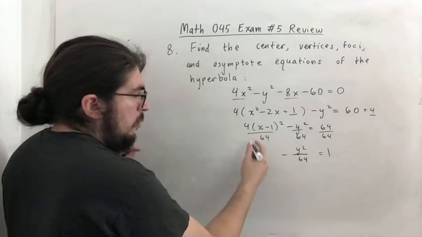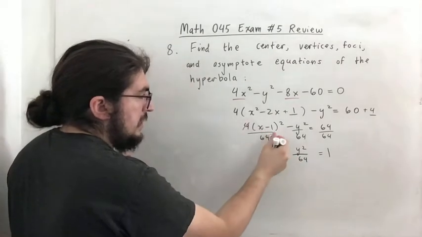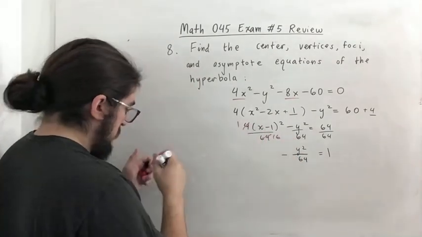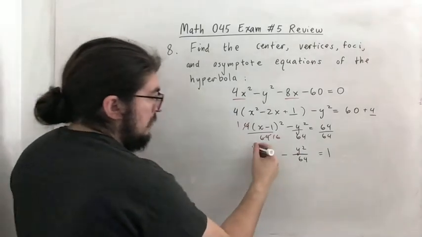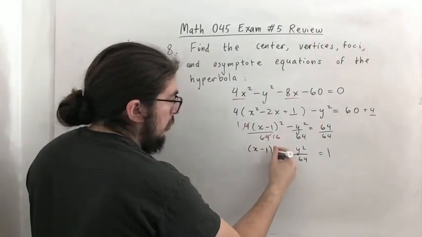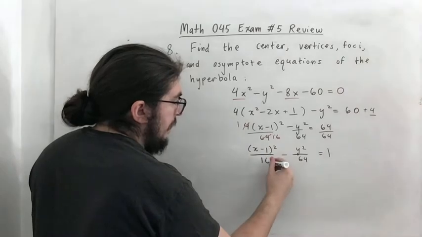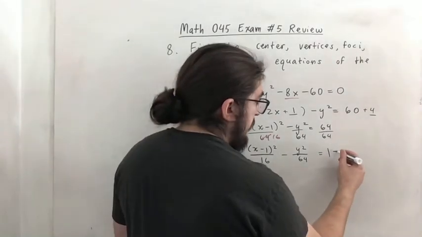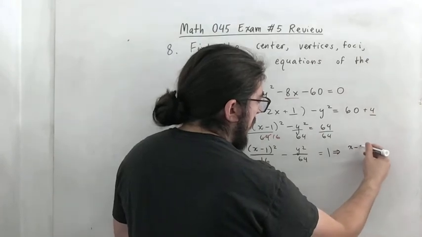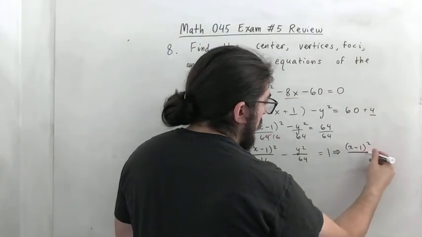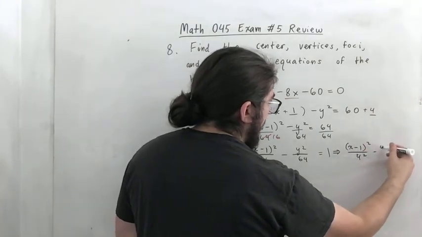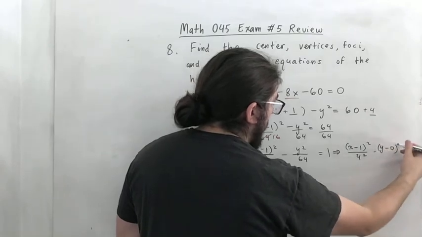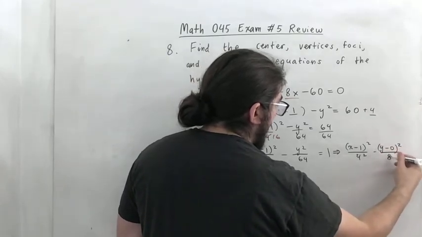And here, 4 goes into 64 16 times. So we have x minus 1 quantity squared all over 16. To be very specific, this is x minus 1 squared over 4 squared, minus y minus 0 quantity squared over 64, which is 8 squared, equals 1.